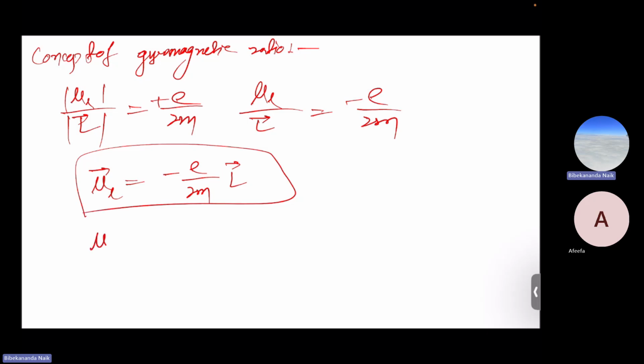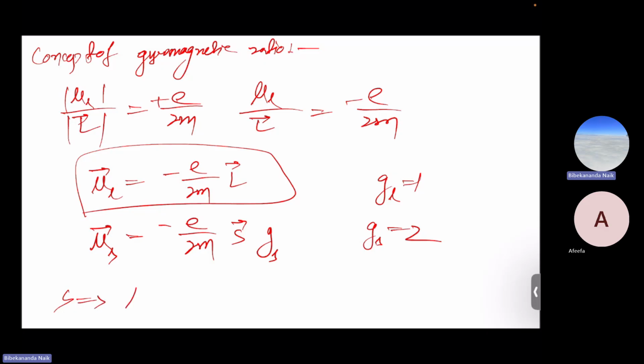Then also we got another, the spin magnetic moment. It was minus e by 2m s vector times gs, where gl was 1 but gs was 2. So corresponding to that, we had different orbitals, like for s l was 0, for p l was 1, like that.